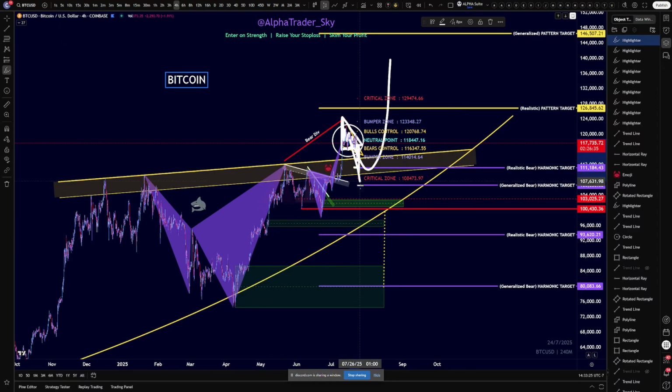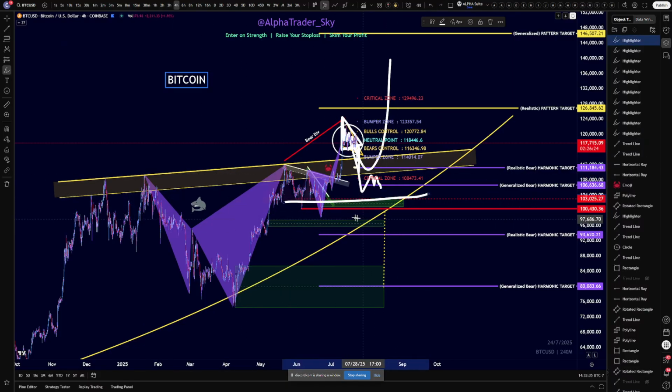What we don't want to do is get underneath that 110 area and then get locked into that zone down here. Should we ever break this 101 area, that could end up validating this bearish shark formation.